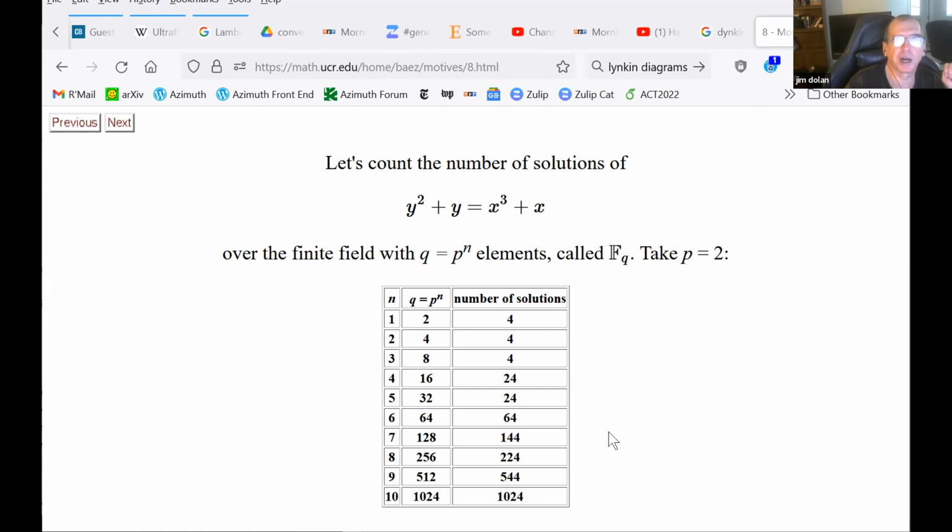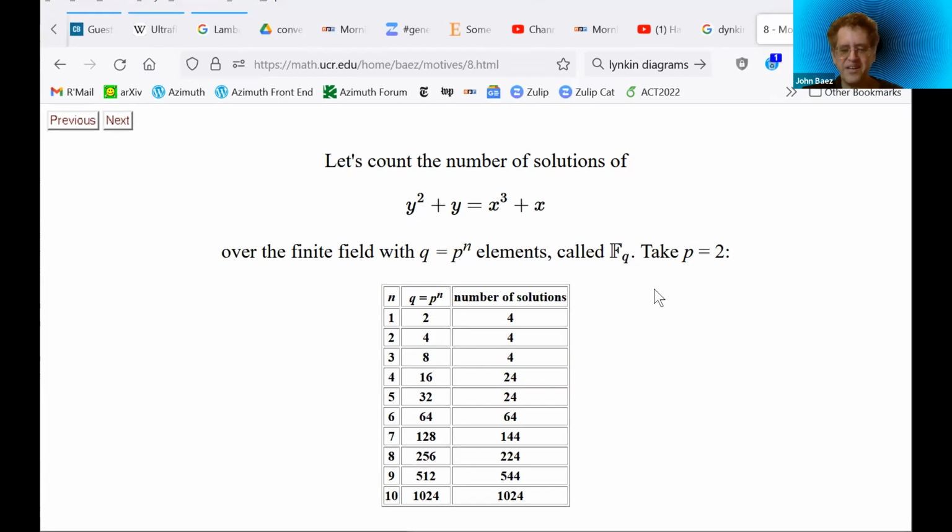Is that real? You were honestly looking for Lincoln diagrams, not for Dynkin diagrams? Where do you see that? In the search box. Oh, right there. That's bizarre. Yeah, that was just a typo.